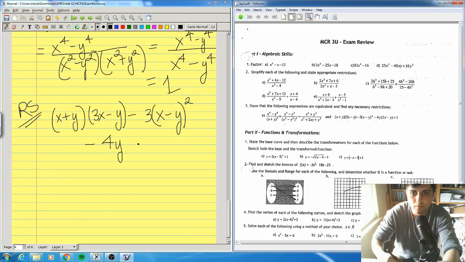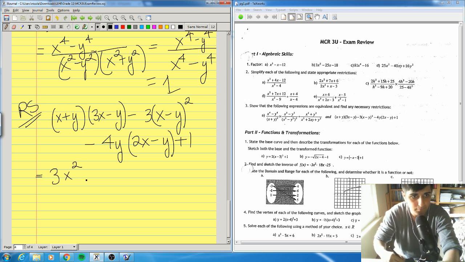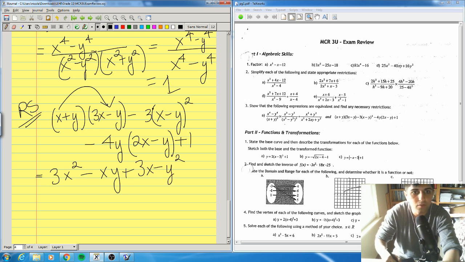Yeah, 4y, 2x minus y plus 1. Okay, so if I do the expansion, I get 3x squared minus xy, right? So that's this part. And then plus 3xy minus y squared. And if I do this expansion, I get negative 3x squared minus 2xy plus y squared.